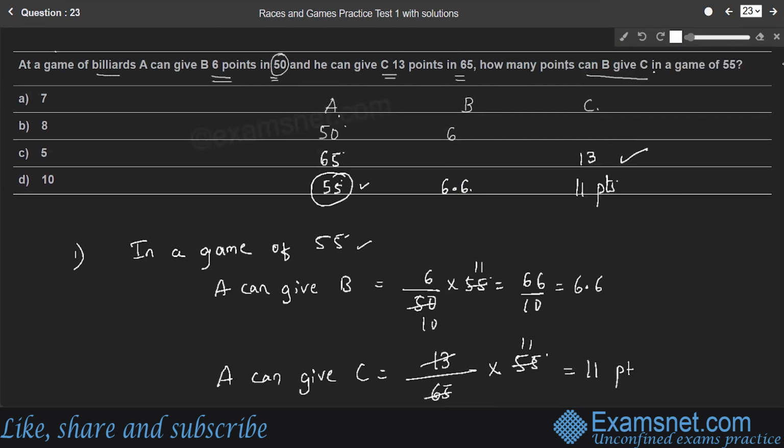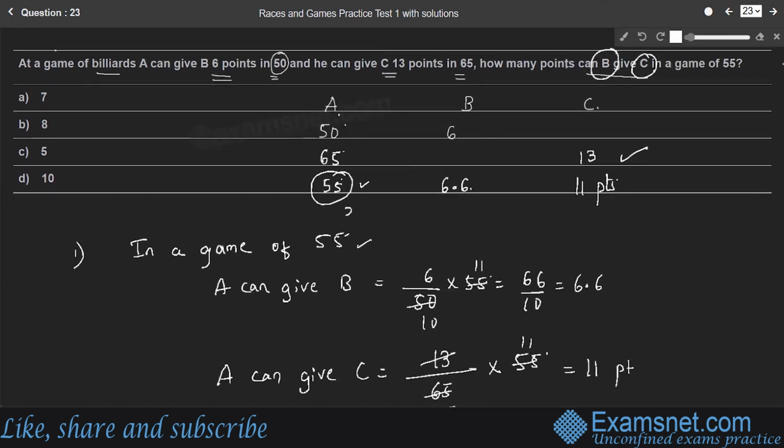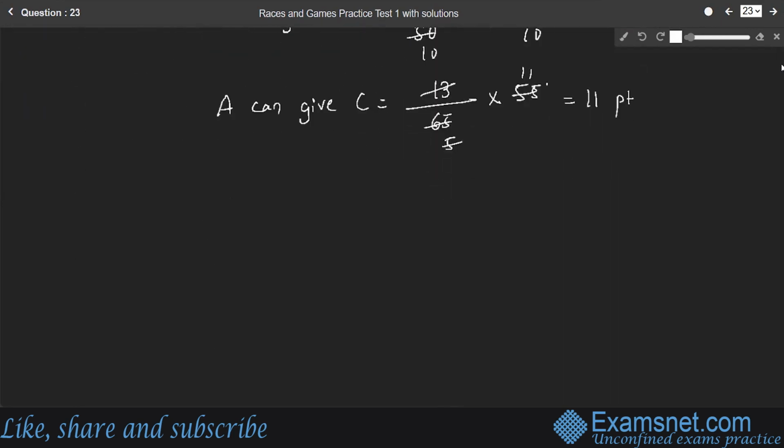Therefore, the question is, how many points can B give to C in a game of 55? So students, in a game of 55, the total points in a game is considered as X, and X1 is the number of points given to B by A. The number of points given by the same person to C is considered as X2. Therefore, B can give C how many points?